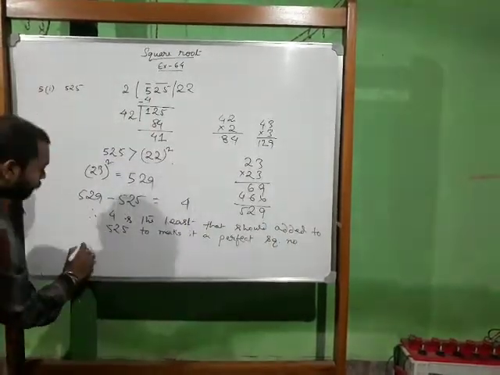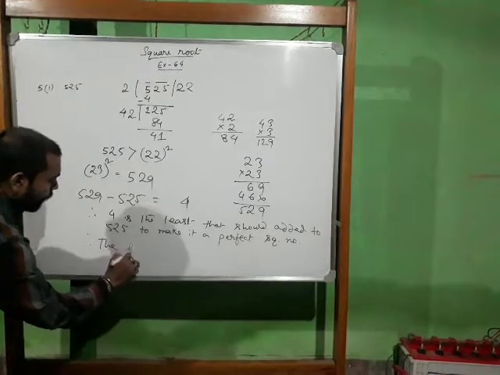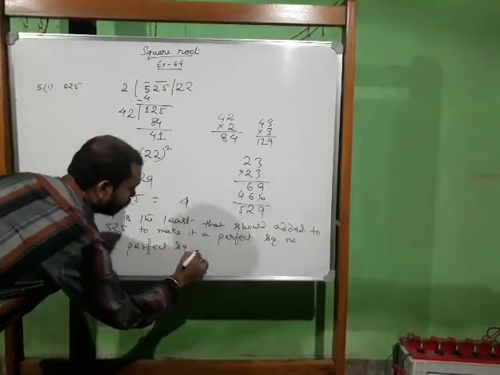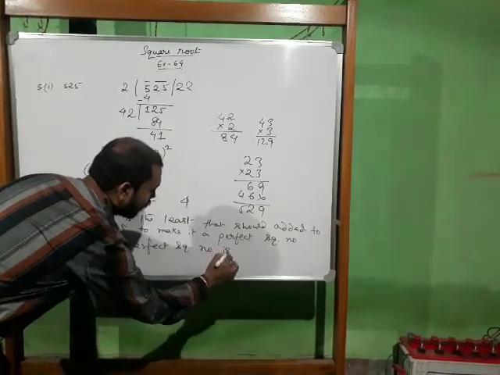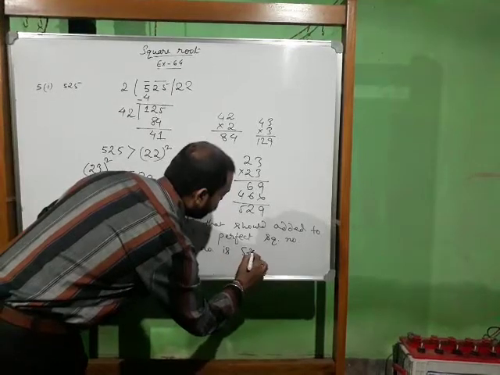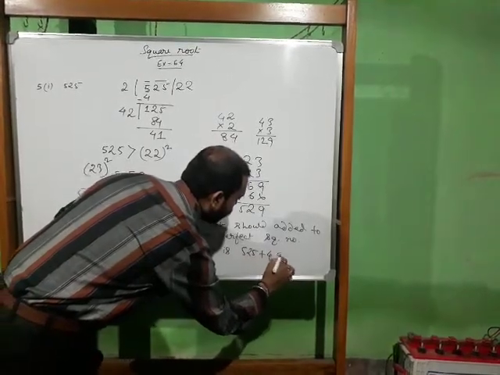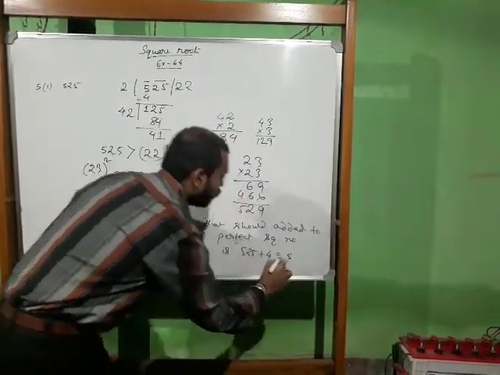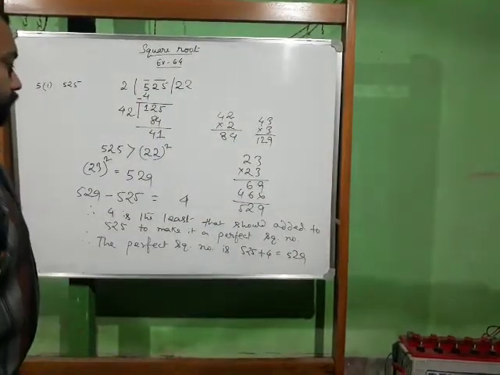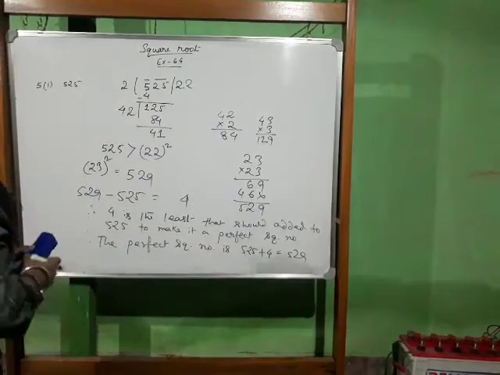So therefore the perfect square number is 525 plus 4. So it is 529.